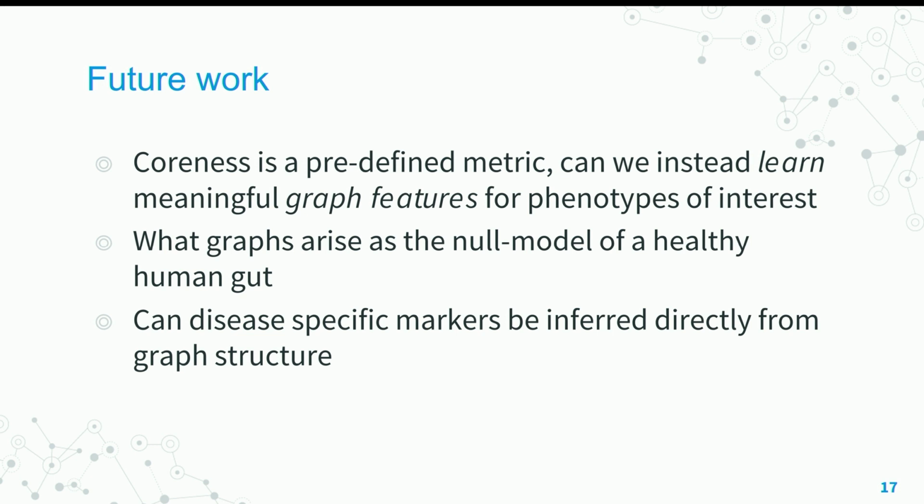Can we also, while doing that, find a good idea of what is the null model of a healthy graph? Can we understand what is the base so that we can better start quantifying what is the anomaly? So these are some of the things that we're planning to look into in our next steps. And again, we want to think that maybe we can define not just the difference between healthy and diseased, but what kind of disease as well.